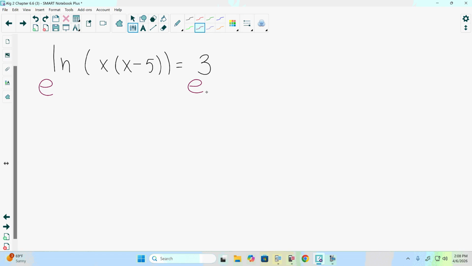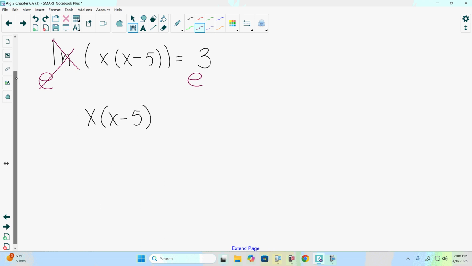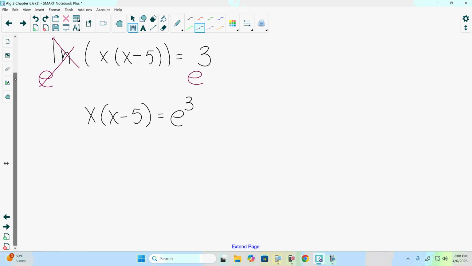We're doing the exact same steps. E to the natural log, e and the natural log will simplify, leaving us with x times x minus 5. The right-hand side does not simplify, leaving us with e to the third. Again, no difference from the last three that we did.